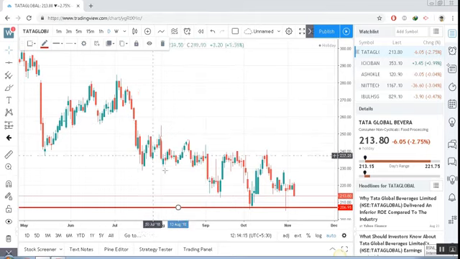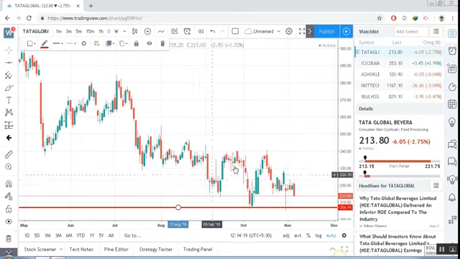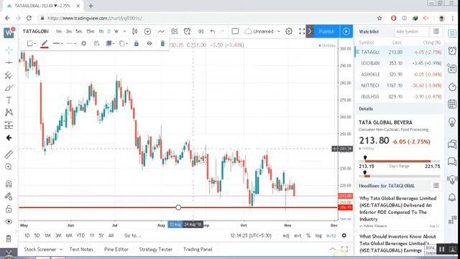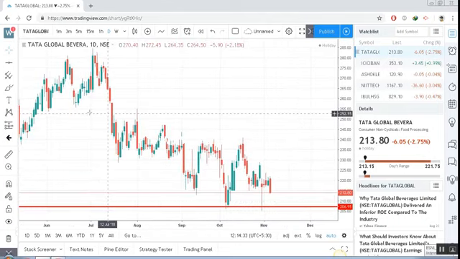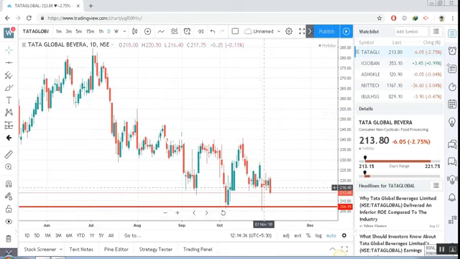On a daily chart, it's not as good as the weekly chart. It's actually in a kind of choppiness. The prices are coming down, going up, coming down, going up, coming down. If you see the past 4-5 days, the prices are in a range.